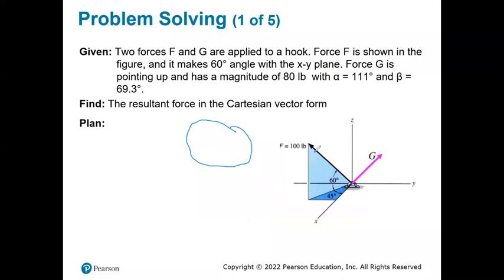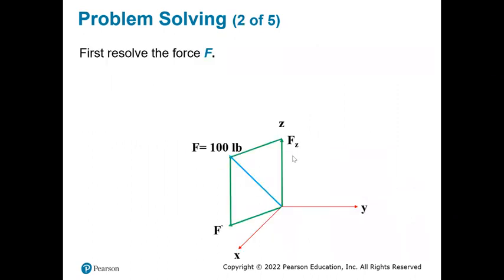This is my F and I know what angle it makes in the XY plane. So I'm going to find the component of F in the XY plane. That's this force over here. Since this one makes 60 degrees, that's going to be F times cos 60. So we have F, which is 100 Newton, which makes a 60 degree angle within our XY plane.